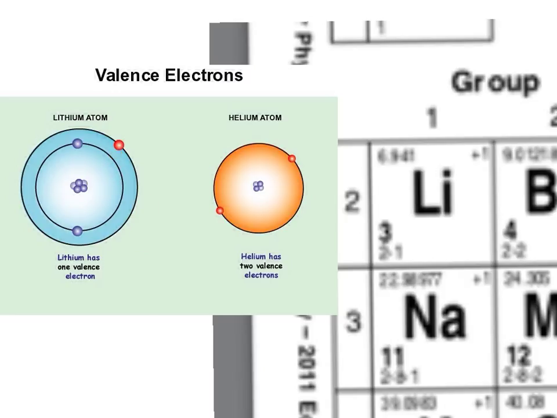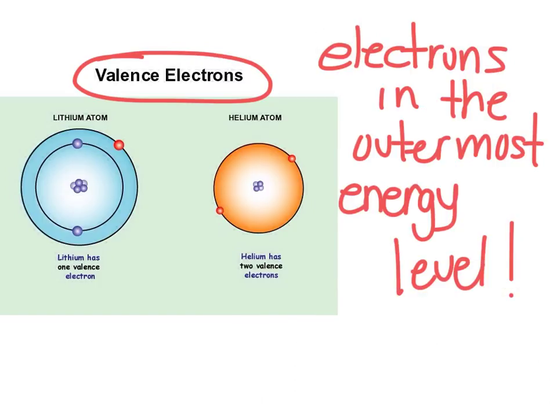The electrons that are located in the very last ring around the Bohr diagram, so this particular red electron, that's why it's red and not the same color as these, has a special name, and that is called a valence electron. Valence electrons are electrons that are located in the outermost energy level. So here, this electron is in the outside ring, so therefore it is considered a valence electron.